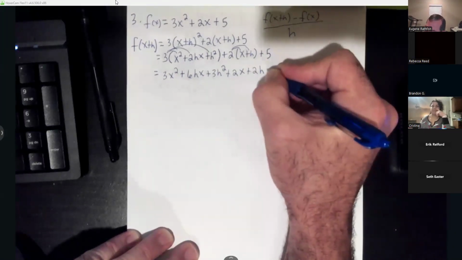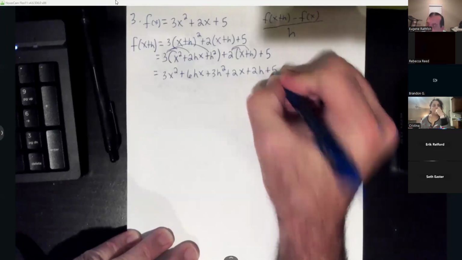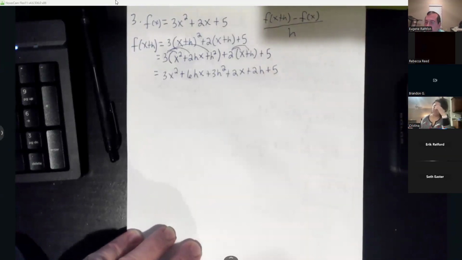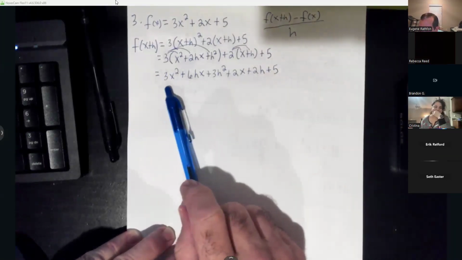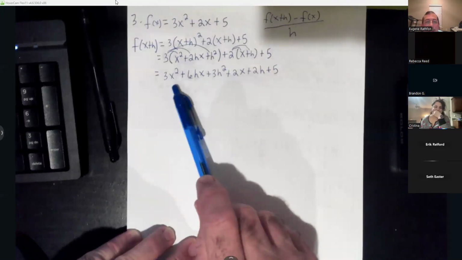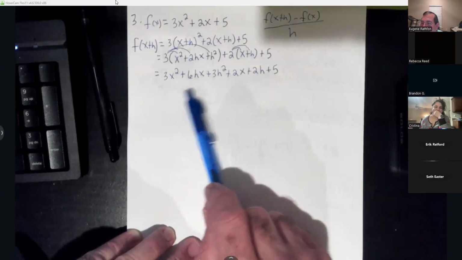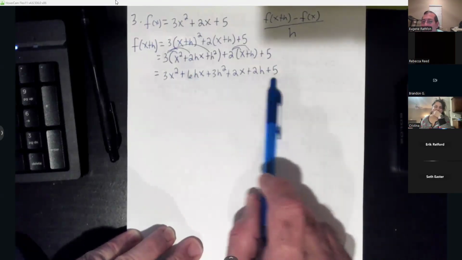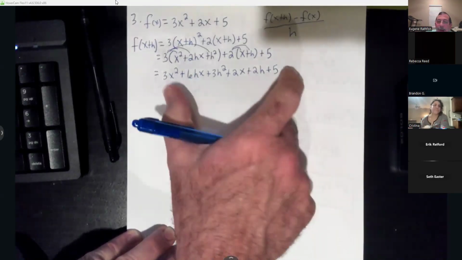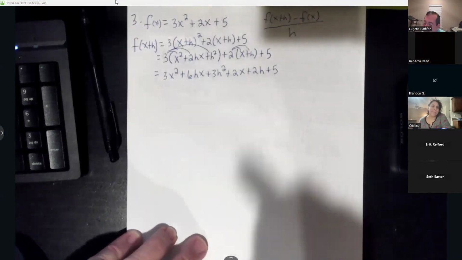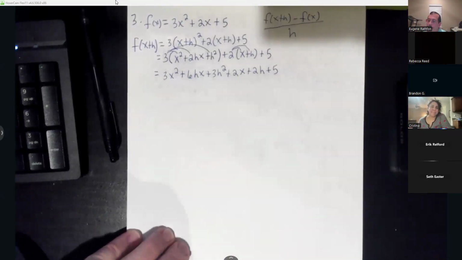And then at the very end is a plus 5. And y'all look at that. That's pretty long, but guess what? I don't have any like terms in there, do we? None of these will add together. So this whole thing here is our f of x plus h we're about to plug in, okay?